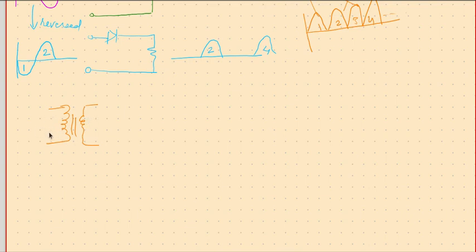So, whatever be the primary, depending on how you make the connection, if you connect it from this end, then this is going to work only for this direction of current. That means when you apply AC here, then for some half cycle, the current will be like this.